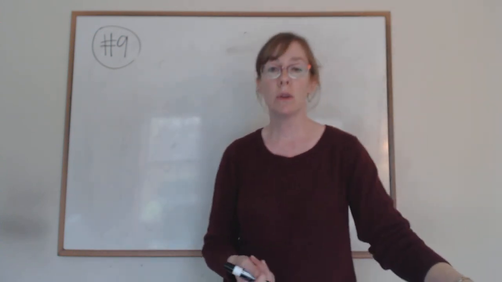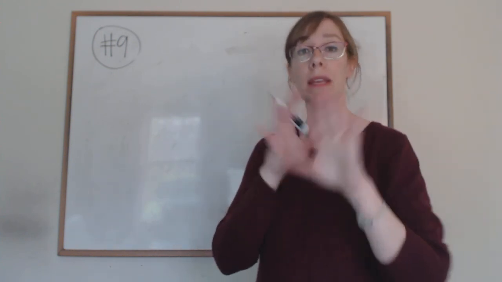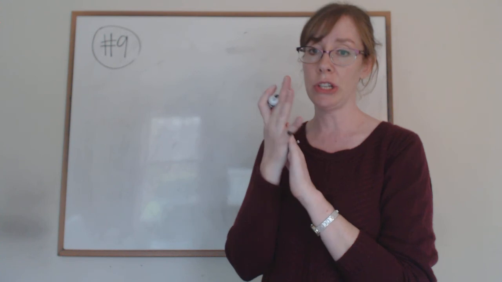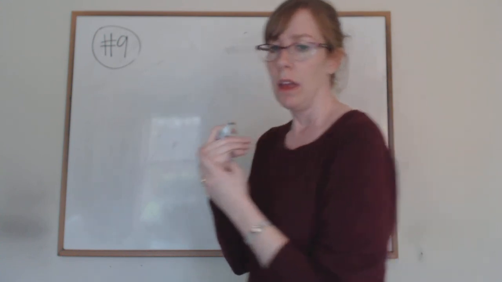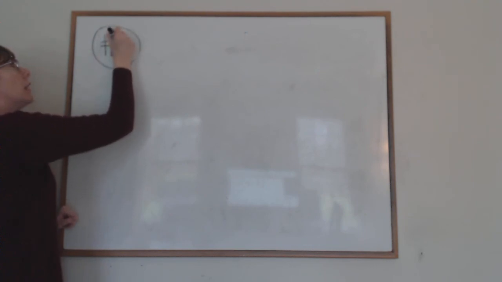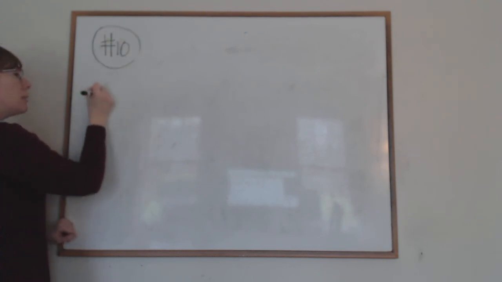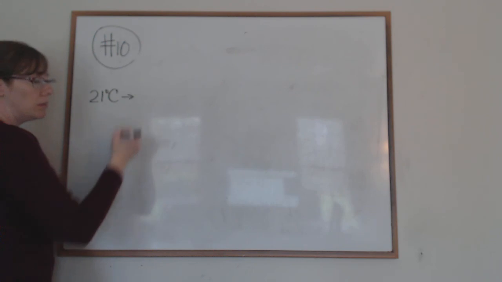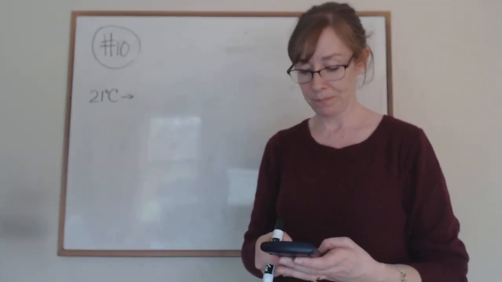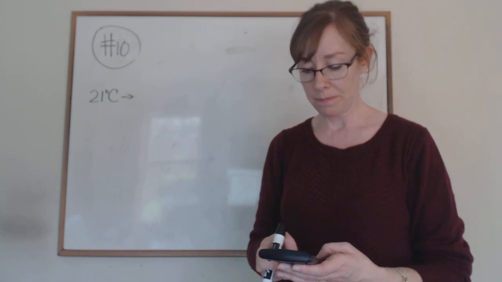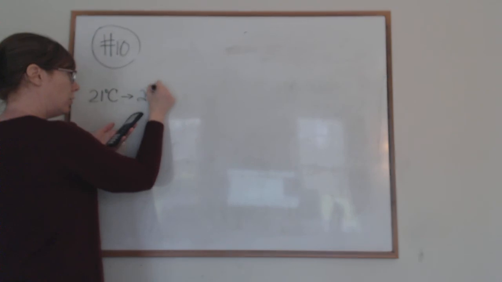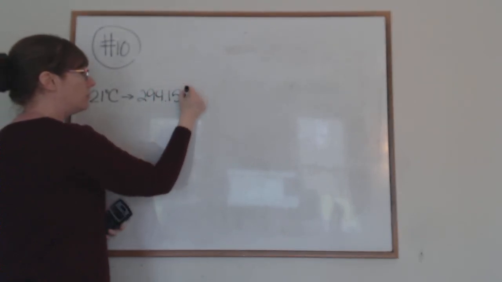All right, number 10: a fixed quantity of gas. Fixed quantity means N stays the same. Number of moles doesn't change. 21 degrees C, oops, this is number 10. As soon as I heard it was about gases, I immediately think that degrees C is going to have to go into Kelvin, 294.15 Kelvin.